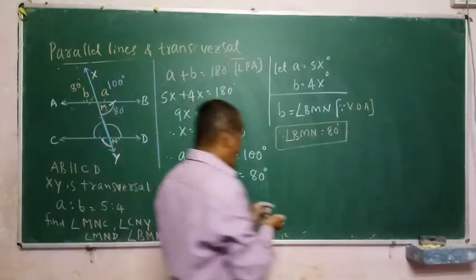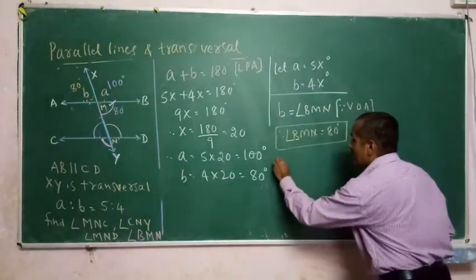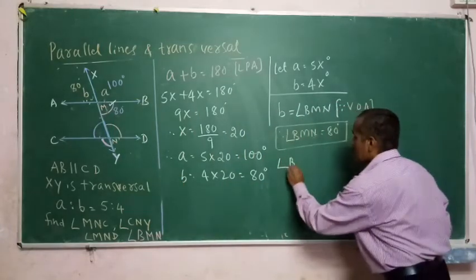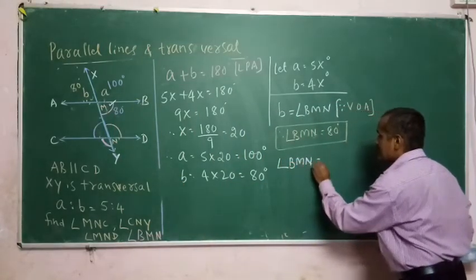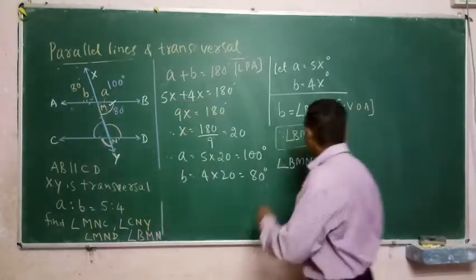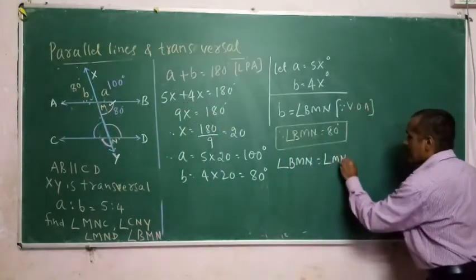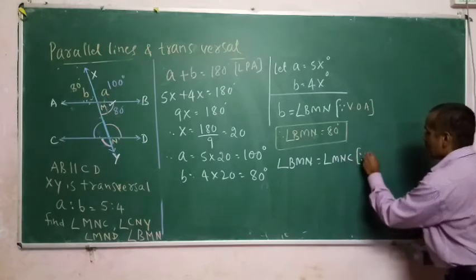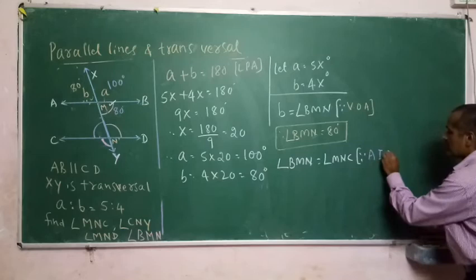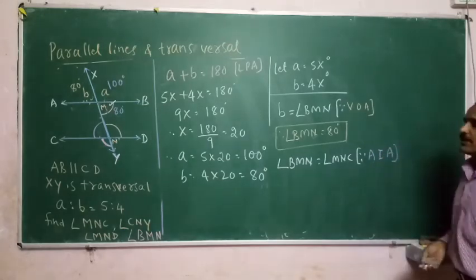I will choose the alternate interior angles now. I will write angle BMN is equal to angle MNC. This is because of alternate interior angles.